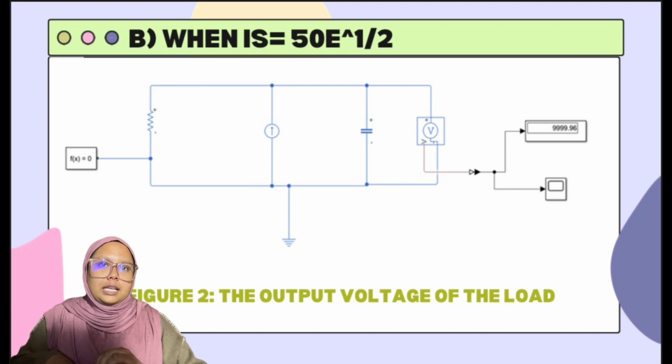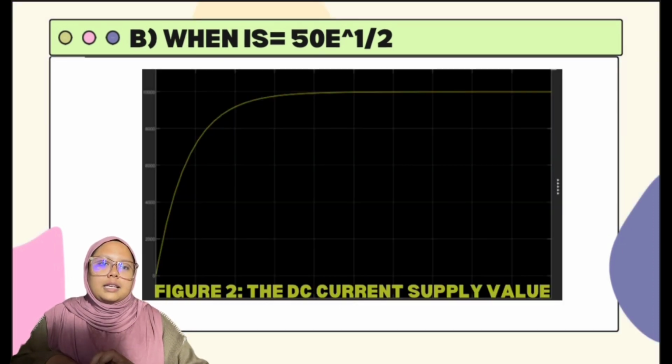It's actually close to 10,000, so it will properly round off to 10,000. These results are very similar and almost close to the manual calculation that we calculated. Lastly, this is the graph for the voltage output in the capacitor.